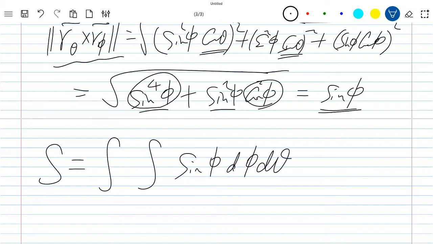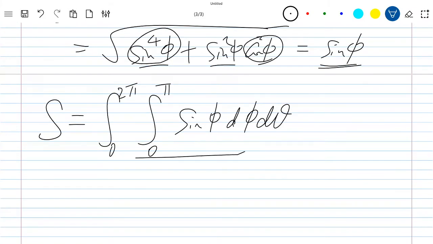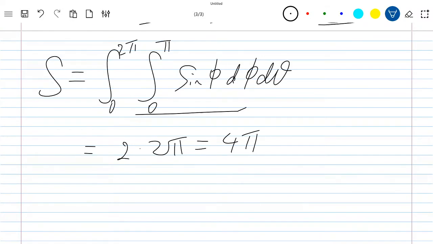With phi from 0 to pi, and theta from 0 to 2 pi. Then you can integrate this, which will give you 2, and then 2 pi, so you get 4 pi. And 4 pi r squared equals 4 pi because r equals 1. So that confirms what we already know. Okay, now let's do something new.